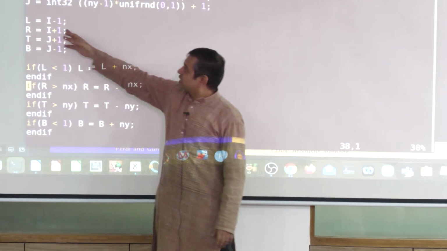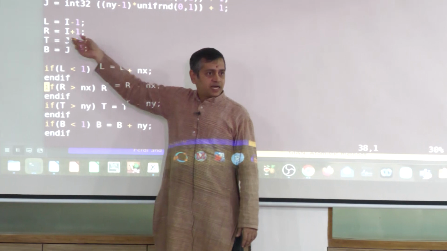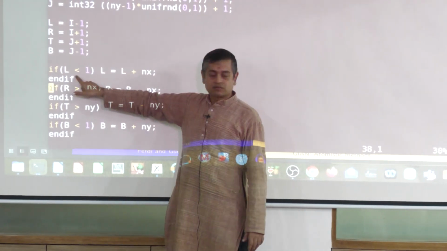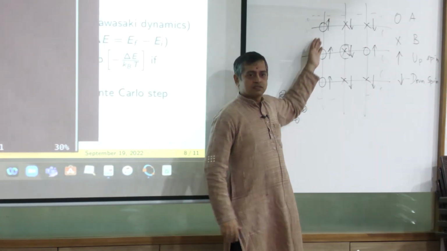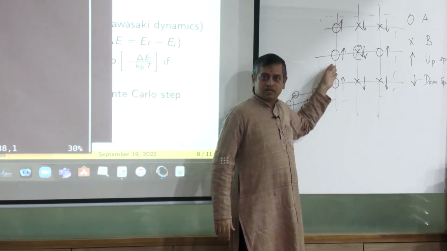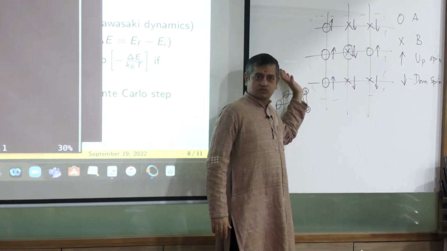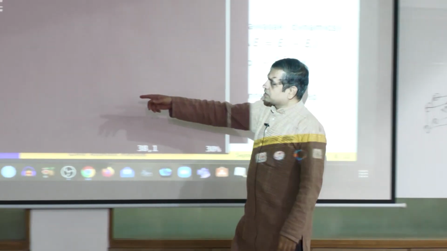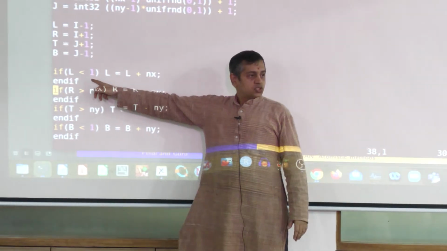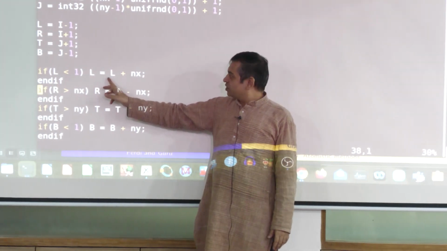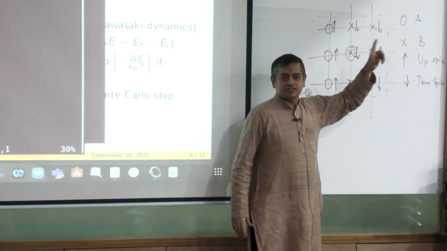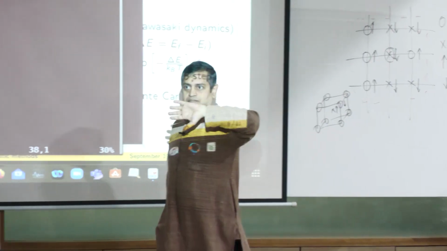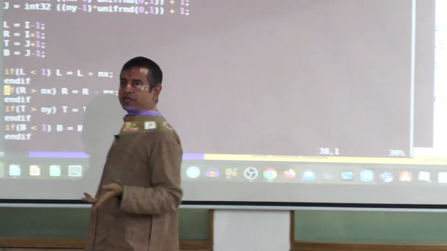Suppose I took I and subtracted 1 and I got 0, that means I picked a point at the edge. To implement the periodic boundary condition, if it is 0, I add this length and I will get this point. This is one implementation of periodic boundary condition.